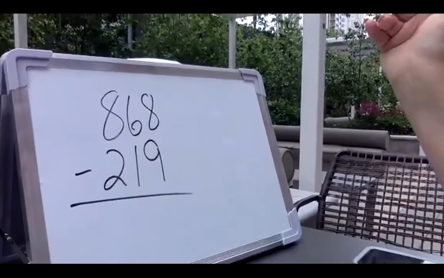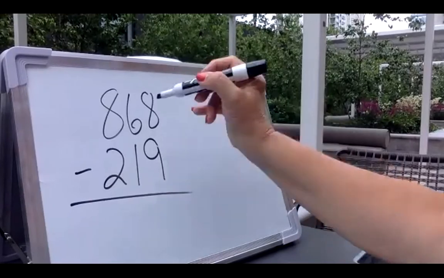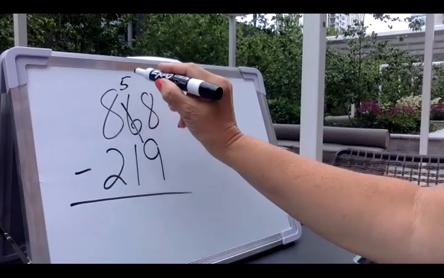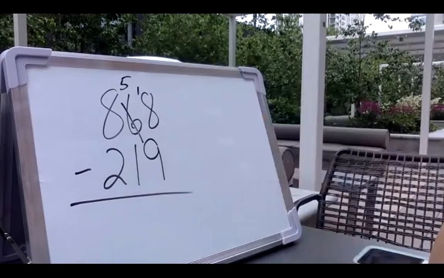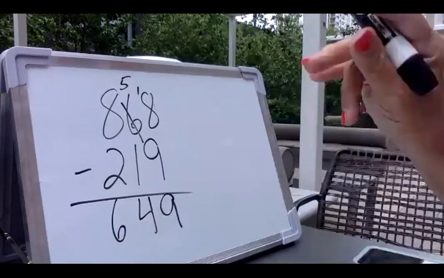All right, let's look. Can I take 9 from 8? No. So I got to go next door, and this 6 becomes a what? 5. And I bring it back over. What is 18 minus 9? 9. What is 5 minus 1? 4. 8 minus 2 is 6. Is that what you got? Yes.